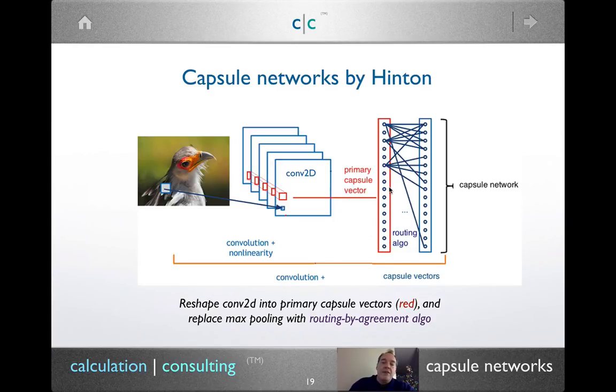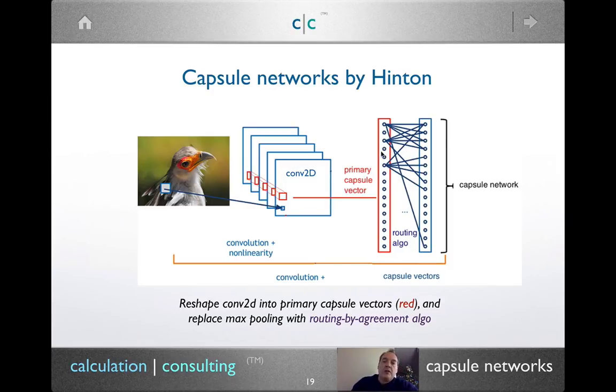Then we're going to have another set of vectors, which is the second layer, the digit caps. We're going to connect them by a special routing algorithm called routing by agreement. This is the key to getting this to work. It's a very, very interesting algorithm, a very interesting variation on backprop. We're going to go through it in quite some detail.